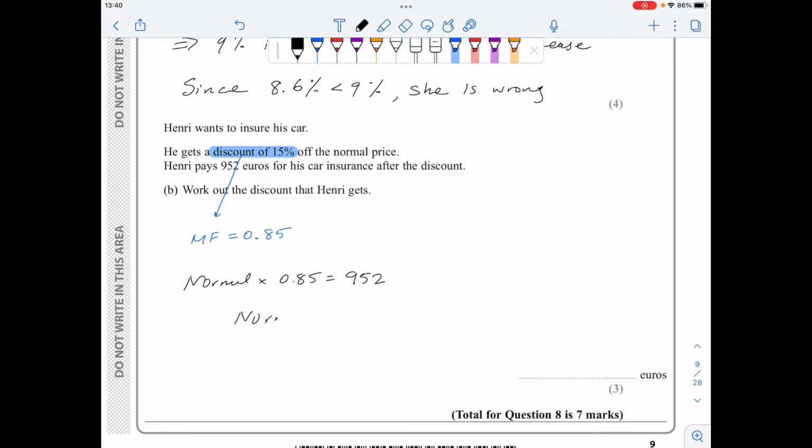So the normal price is 952 over the multiplying factor. That's 1120. So the discount is equal to the difference. So 1120 minus 952, 168 euros.